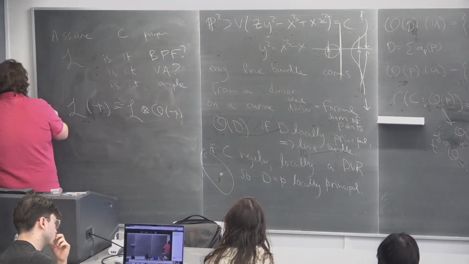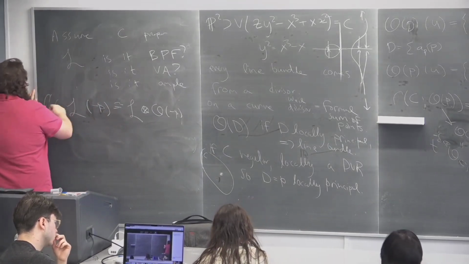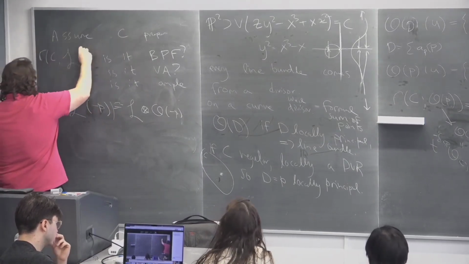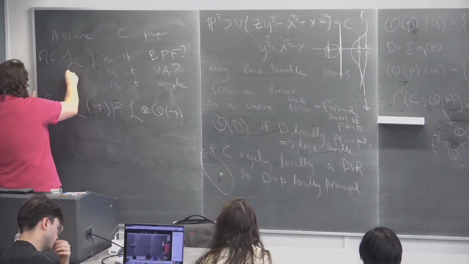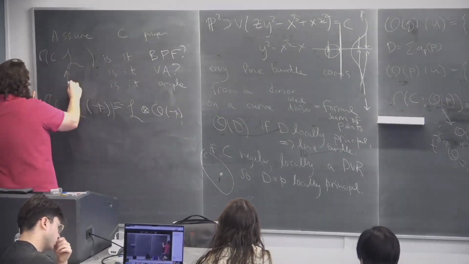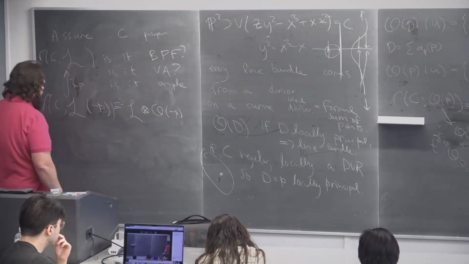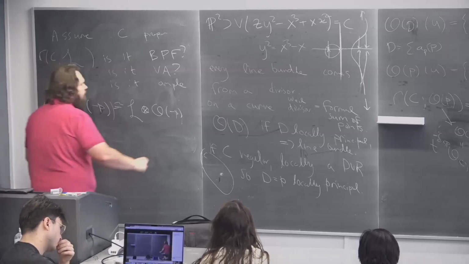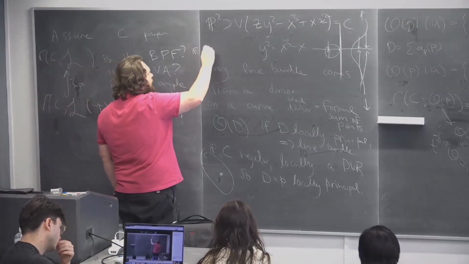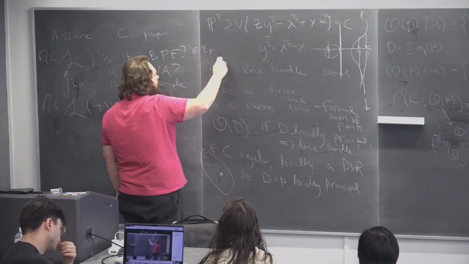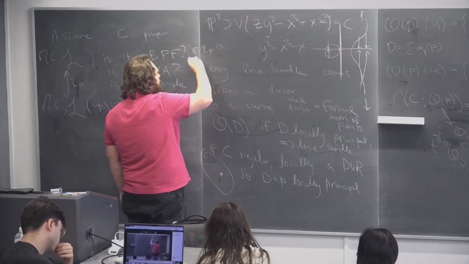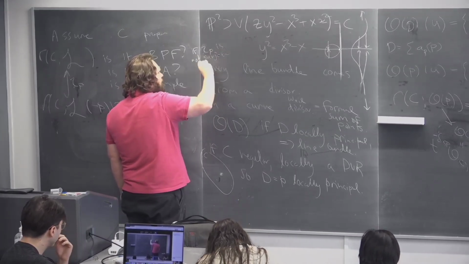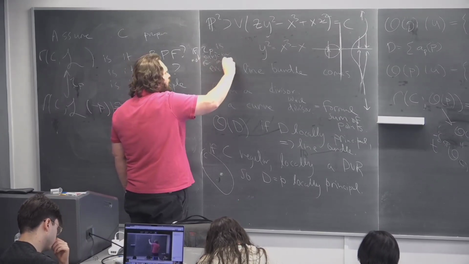So I have a natural map from sections of L minus P into sections of L. Let me call that iota sub P. And I'm base point free if iota sub P, which is obviously injective, is not surjective, for all P.